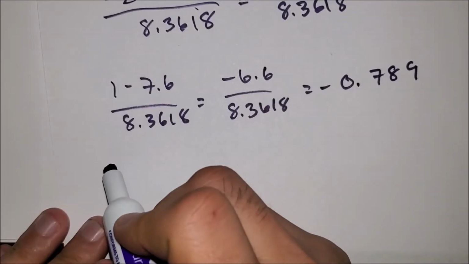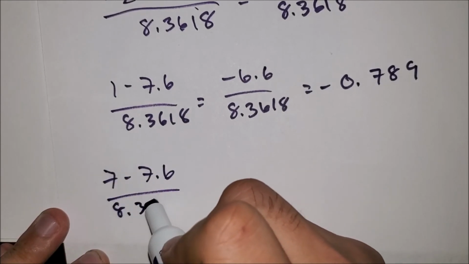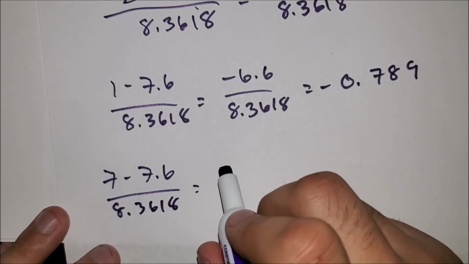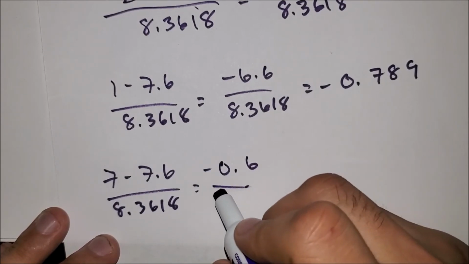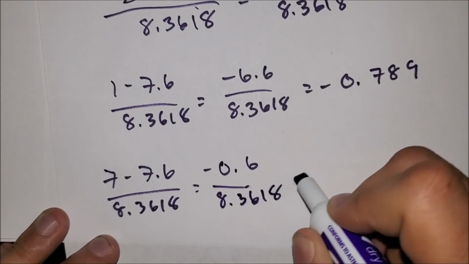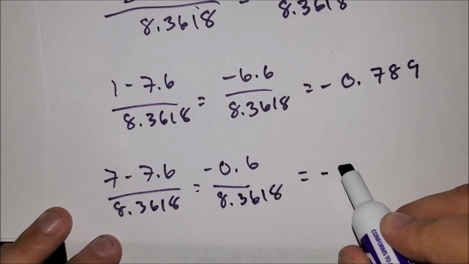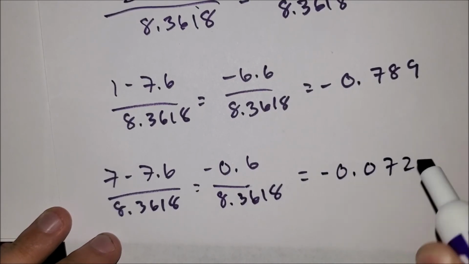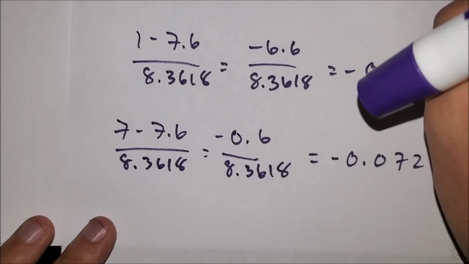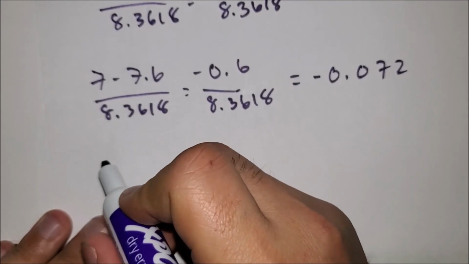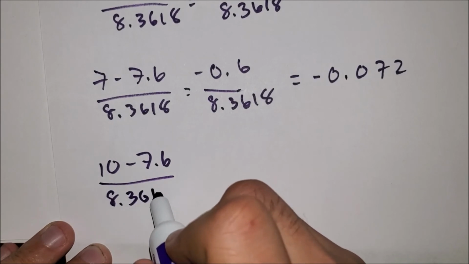For our next one, for 7, we get 7 minus 7.6 over 8.3618. This ends up being -0.6 over 8.3618, and when you calculate this one out, you get -0.072. For 10, you get 10 minus 7.6 over 8.3618.